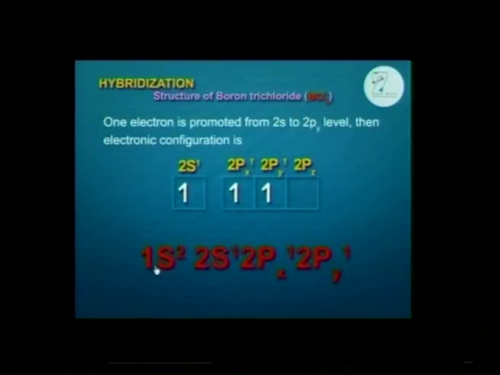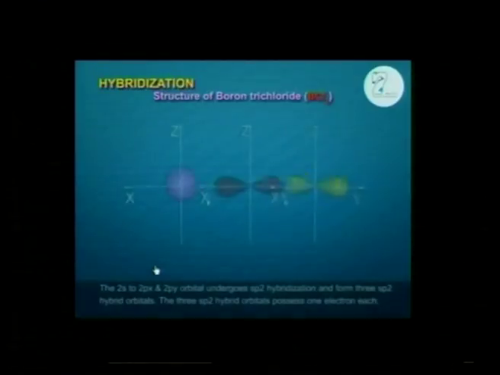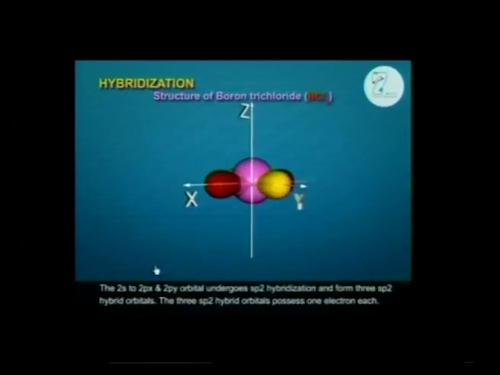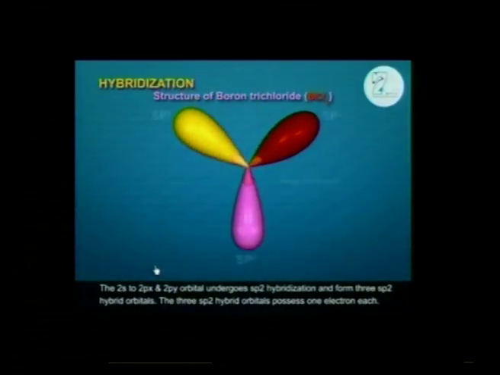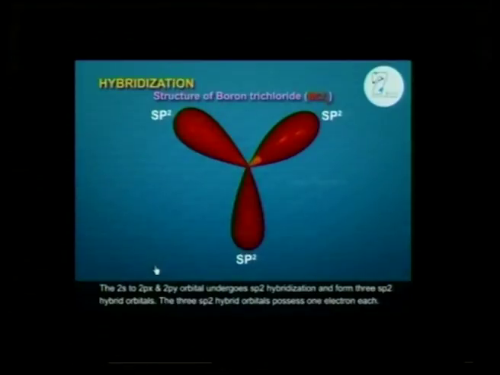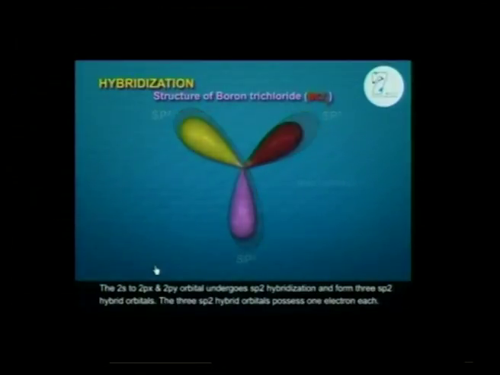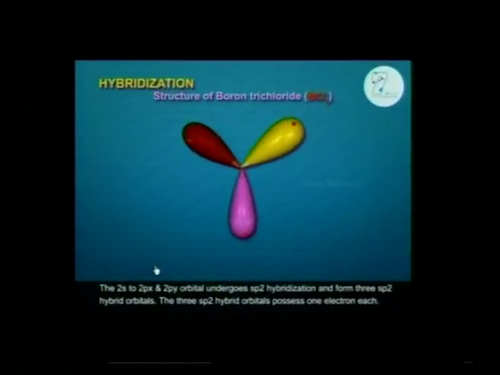Are you getting my point? The 1s orbital and 2p orbitals overlap, intermixing together and giving 3 hybrid orbitals. And we get 3 sp2 hybrid orbitals.